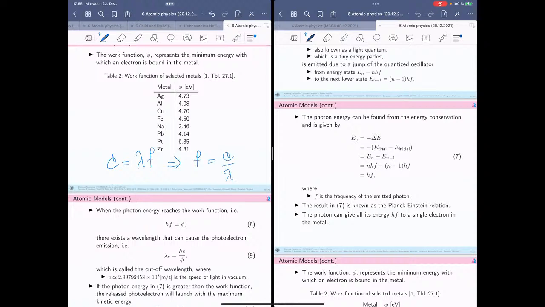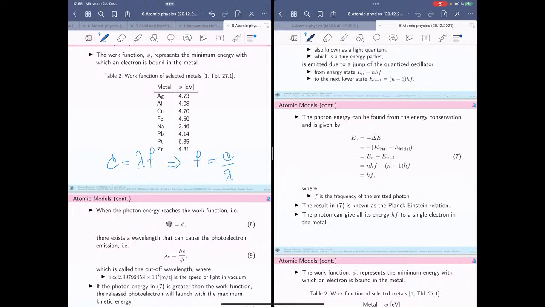c is 3 times 10 to 8 meters per second. It's a constant, and if you leave this relation in this position, you get c by lambda, c by lambda of h.